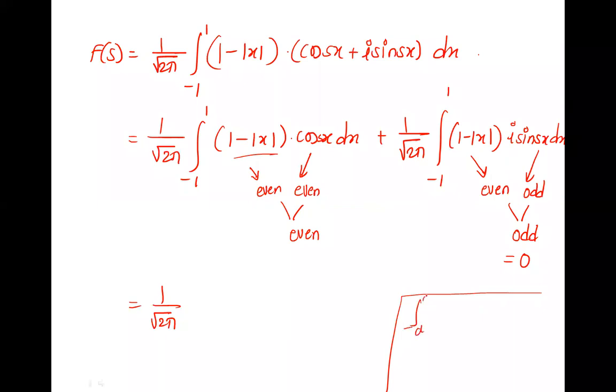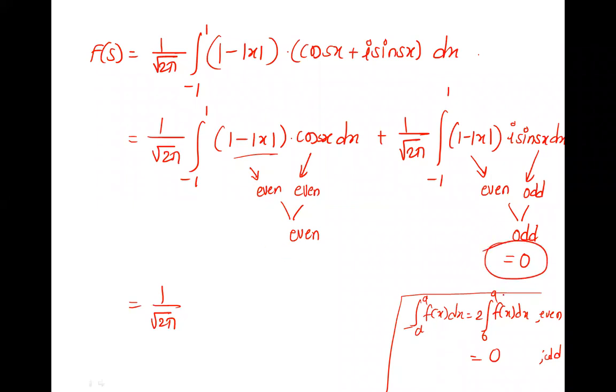Integration minus a to a f of x dx is 2 times 0 to a f of x dx if it is an even function, and is directly 0 if it is an odd function. So we have written the value 0 as it is odd. And as it is even, you are writing 2 times 0 to a. Upper limit is 1, so 2 times 0 to 1.